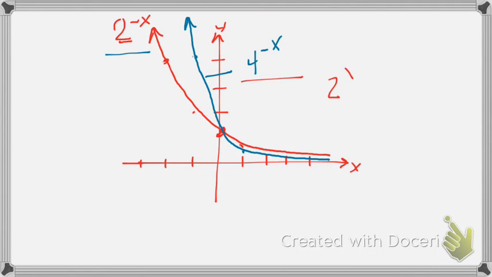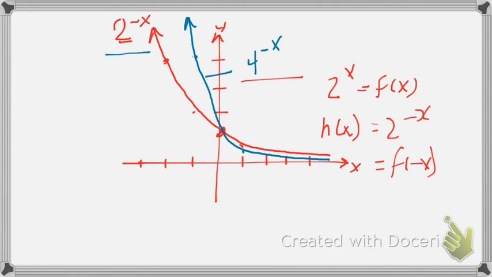So if we're looking at 2 to the x as our parent function, f of x, and we look at h of x, which is 2 to the negative x, we know f of negative x tells us we're going to have a reflection about the y-axis. And so our 2 to the x would look something like this, and then our negative x here would be a reflection of this.